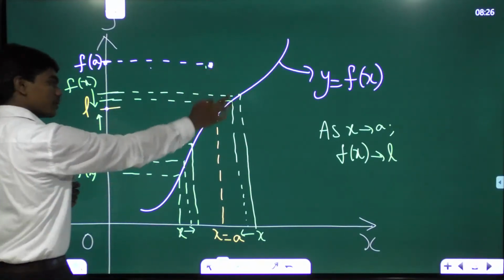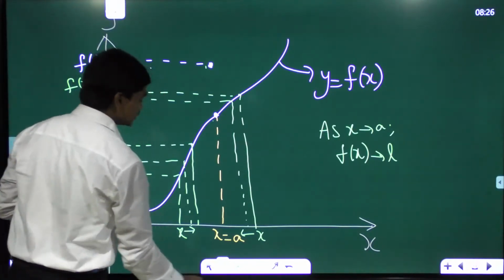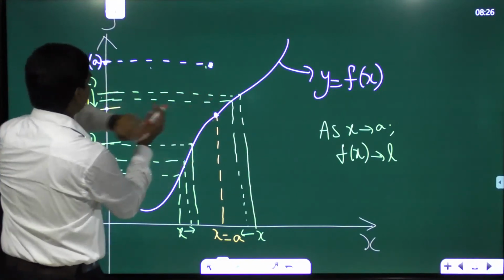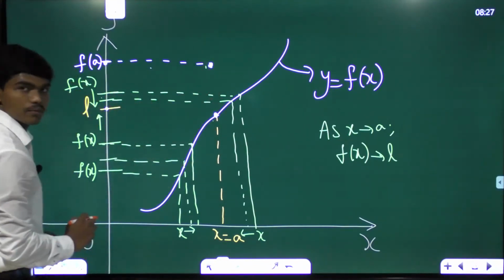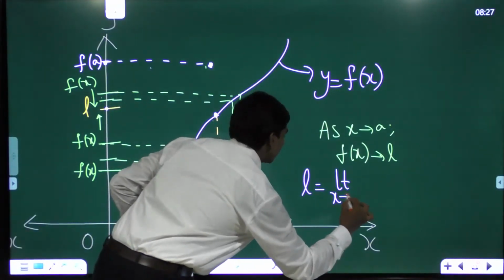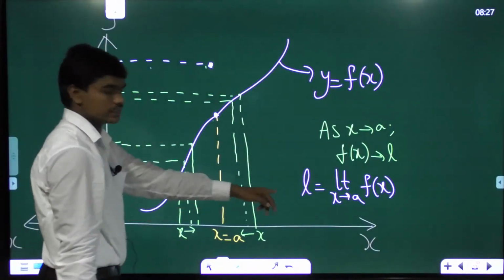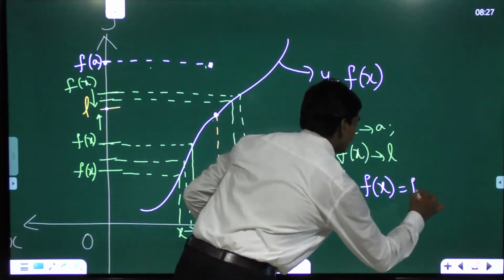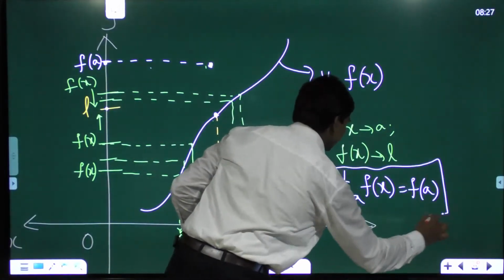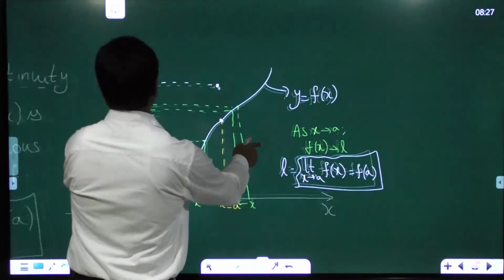Correct? If this point is coming here, then this f of a should come to this L. Yes or no? Which means if both these points are equal, when this point gets here, this f of a should be equal to L. Correct? And what is L from our definition? Limit x tends to a, f of x. Correct? So for continuity, this L should be equal to f of a, and we get this relation: limit x tends to a, f of x is equal to f of a, which I have stated a moment ago.